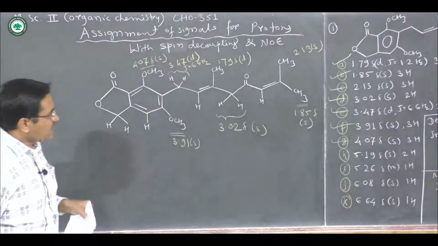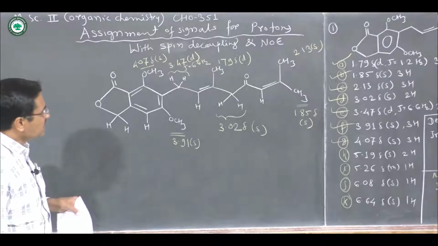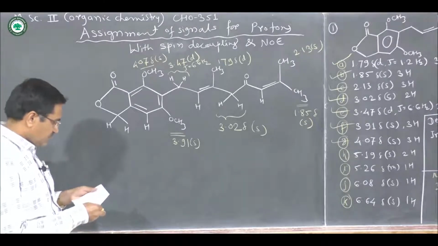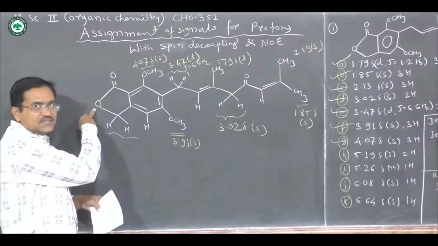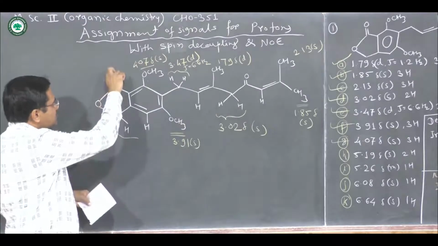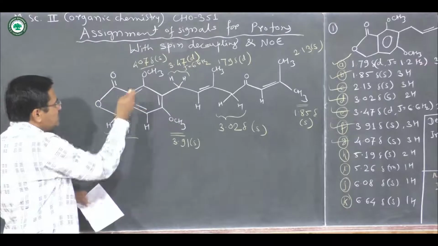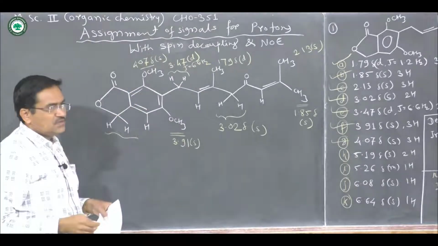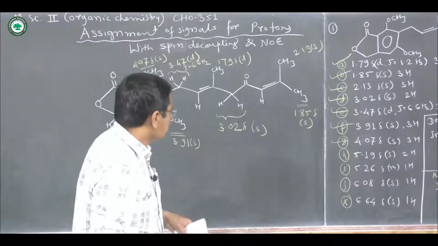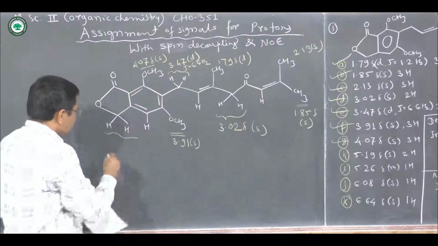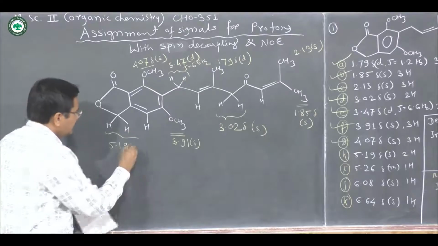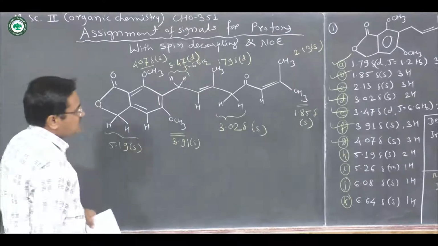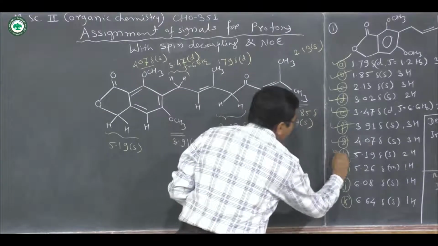Then 5.19 is a singlet for 2 hydrogens. It appears there because oxygen is present, a CO group is also present, and it is near the phenyl ring and an electronegative nucleus, hence it is more de-shielded.